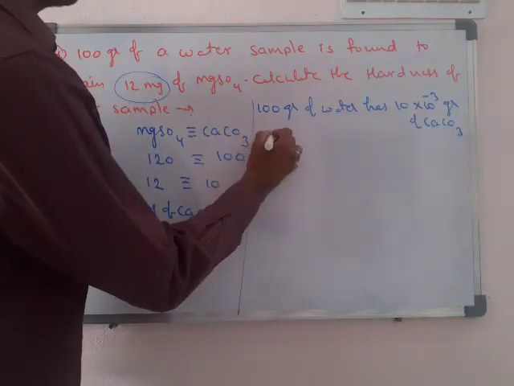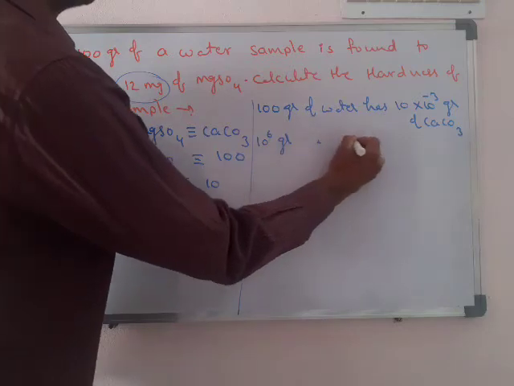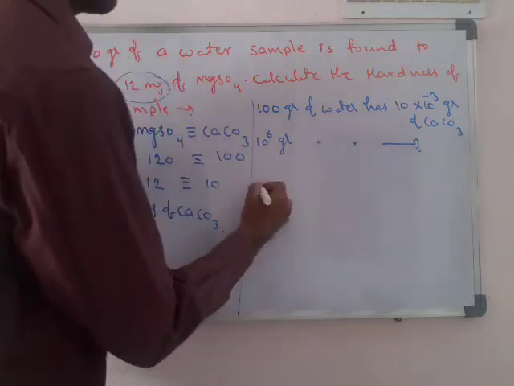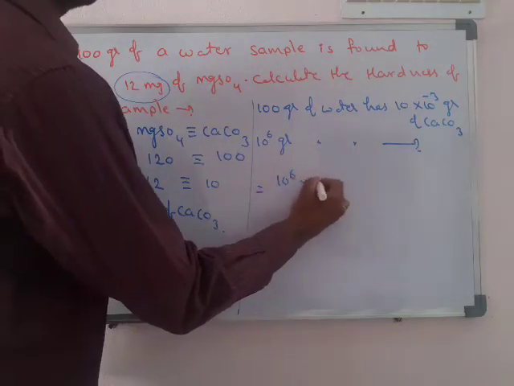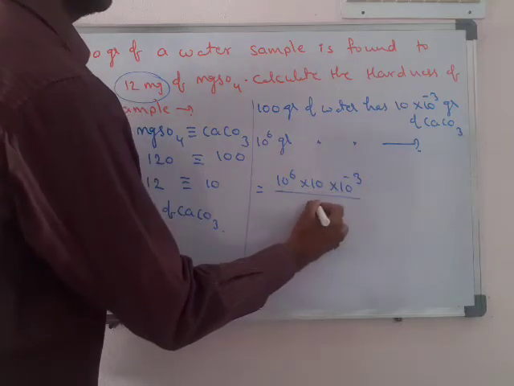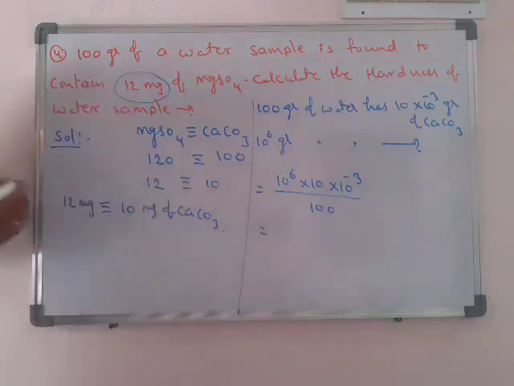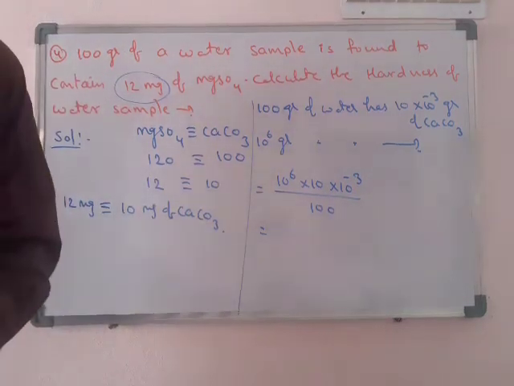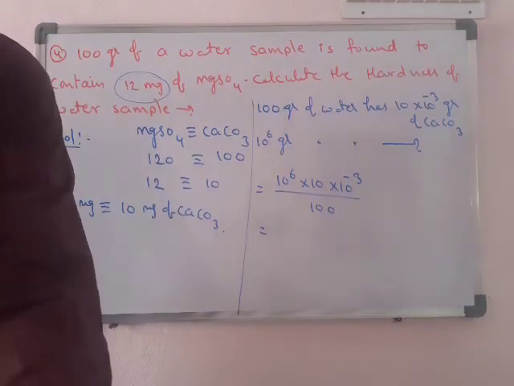So then what about 10⁶ grams of water, how much CaCO3 does it contain? On the calculation we get 100 ppm.